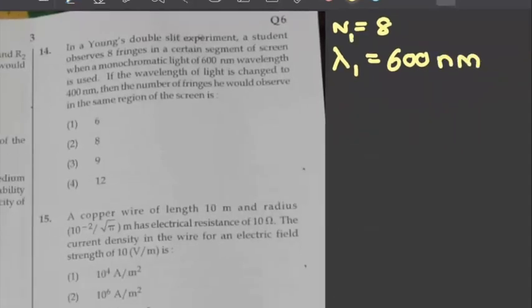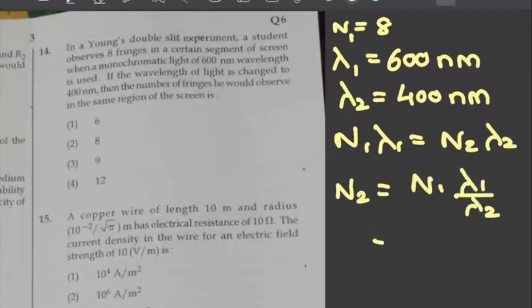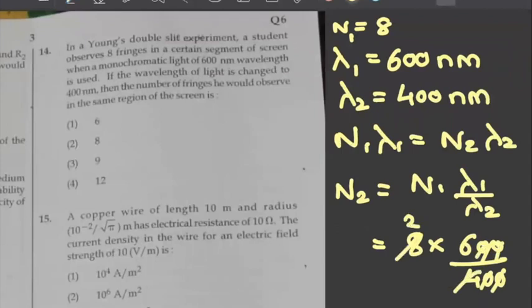And if the wavelength is changed to 400, the number of fringes he would observe? Very simple. We have N1 lambda 1 is N2 lambda 2. So N2 is going to be N1 lambda 1 by lambda 2. N1 is 8, lambda 1 is 600, lambda 2 is 400. So I have 4 twos are 8, 6 twos are 12.